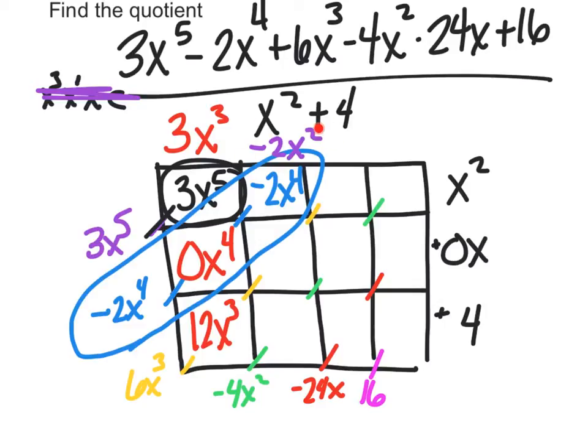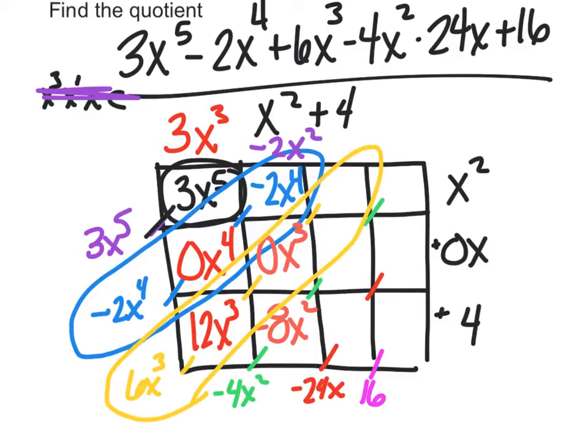And again, negative 2x squared times x squared is negative 2x to the 4th. Now I can fill this whole column in. So I'm going to say this gets me 0x cubed, and negative 2 times 4 is going to be negative 8x squared.